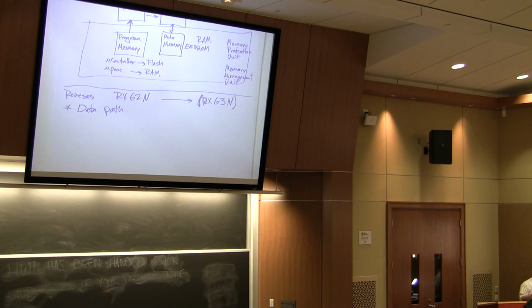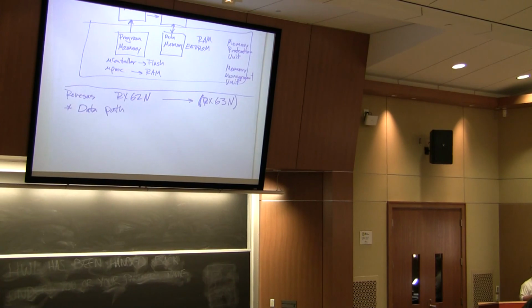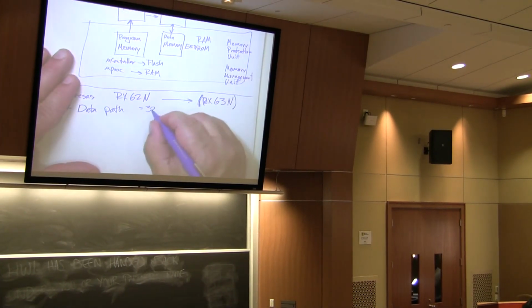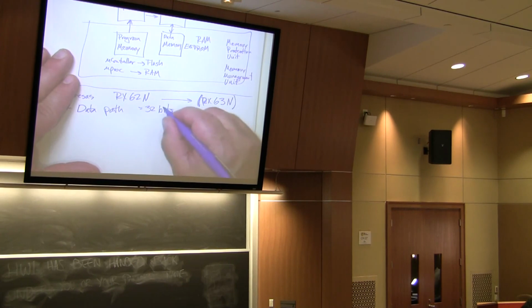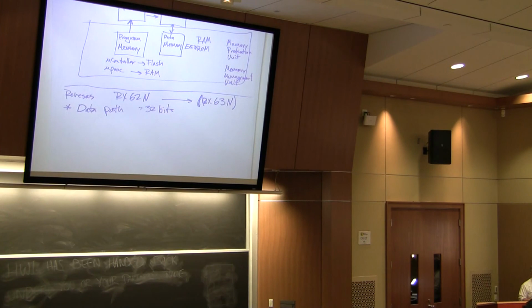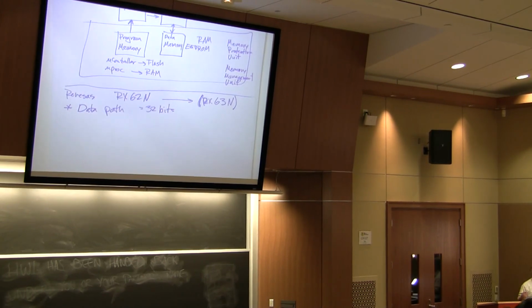It depends on the controller we're using. For our controller, it's 32 bits. 32 bits means our registers are 32 bits wide. We're moving data typically from memory 32 bits at a time. You can move it at 8 bits or 16 bits at a time, but it is capable of 32 bits.